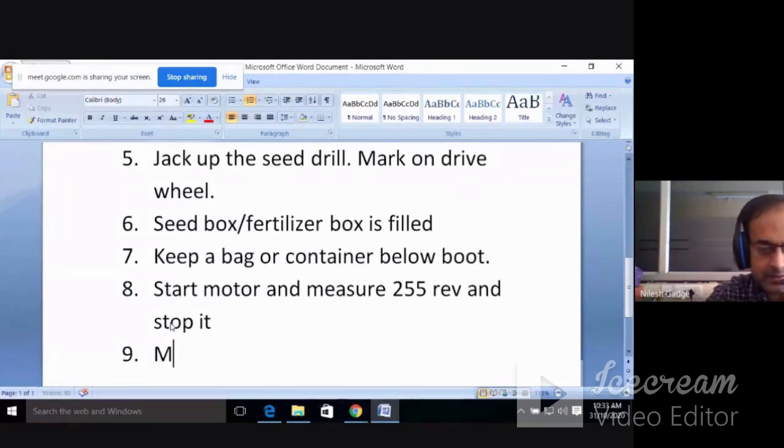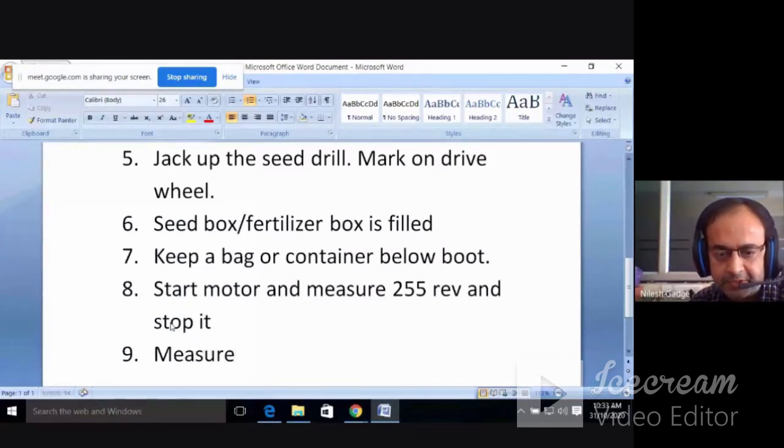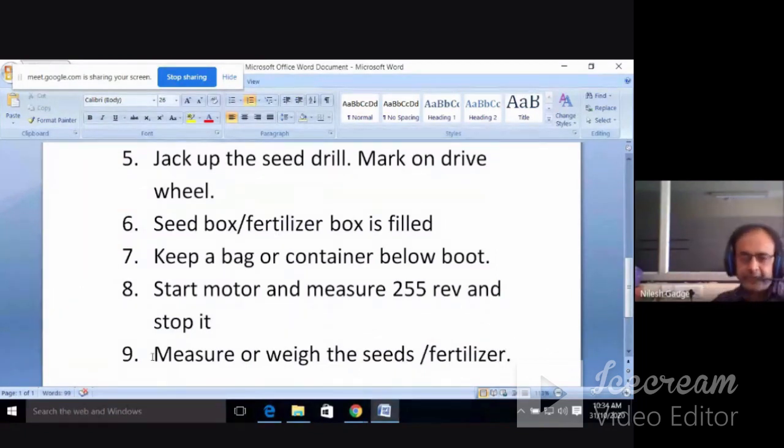Next, measure or weigh the weight of the seeds and fertilizer also. So you have to measure the weight of the seeds and the weight of the fertilizer which is dropped for 255 revolutions. Okay, this is for example.